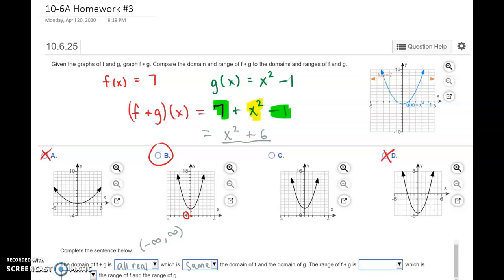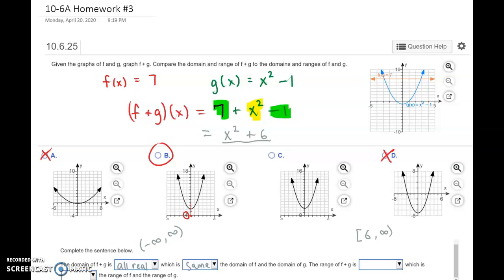So f has a range of just 7, and g has a range of all numbers bigger than negative 1, because it starts at negative 1 and goes to infinity. But my new f plus g function starts at 6. The lowest point is at 6. If I were doing it in interval notation, I would say from 6 to infinity.